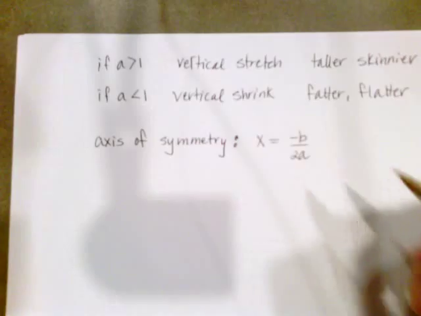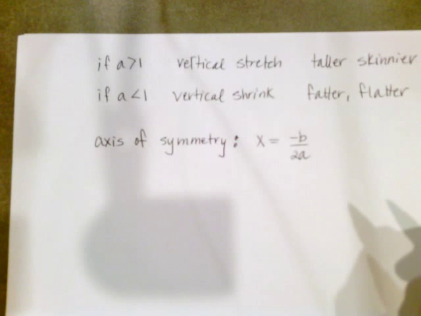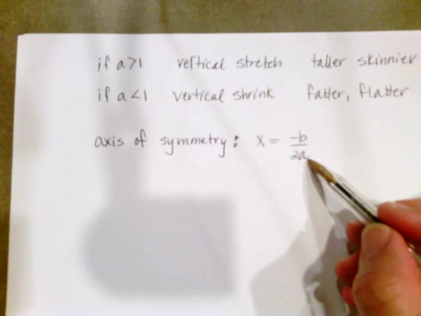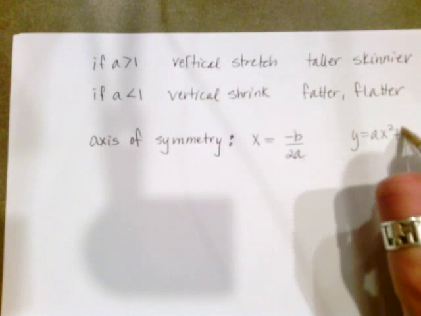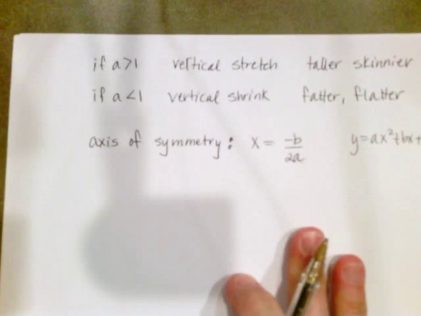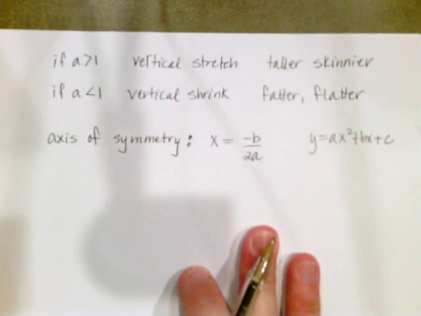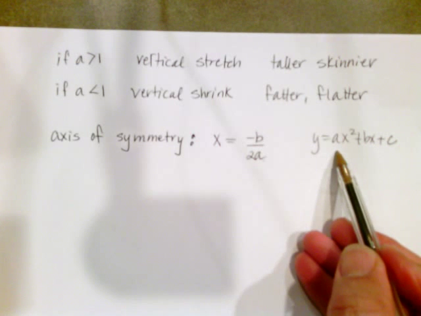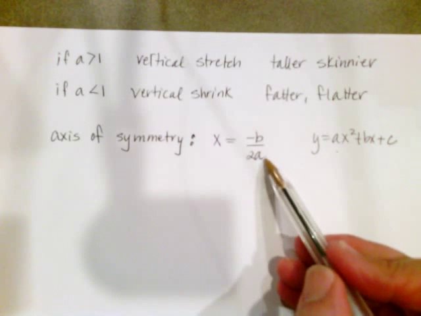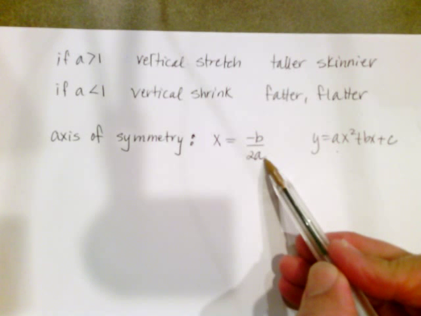So I get x is equal to negative b over 2a. The b and the a come from my equation. So if I have ax squared plus bx plus c, the variables b and a come from this original equation. So I would take those values, substitute them into this equation, and then I would know the axis of symmetry.